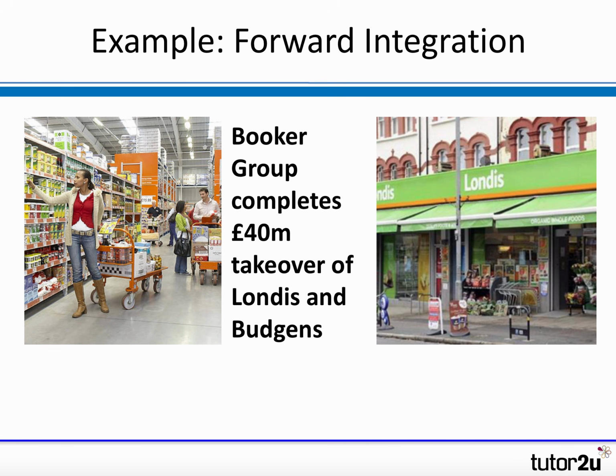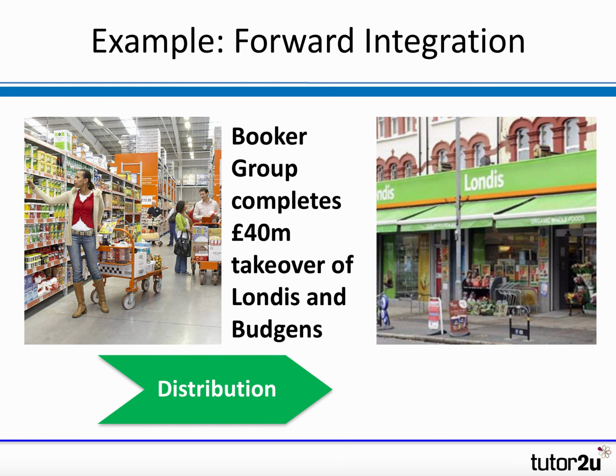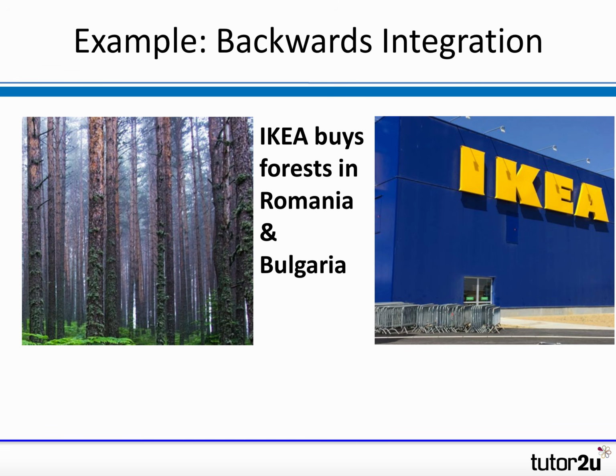And what the Booker Group did was agree a takeover of a very large chain of convenience stores, a retail business called Londis and Budgens, over 2,000 stores there. That was an example of a distributor acquiring a retailer, in other words, moving up or forward up the supply chain, forward integration.